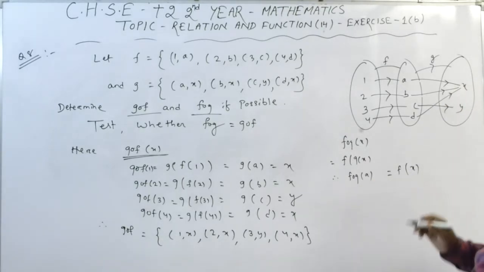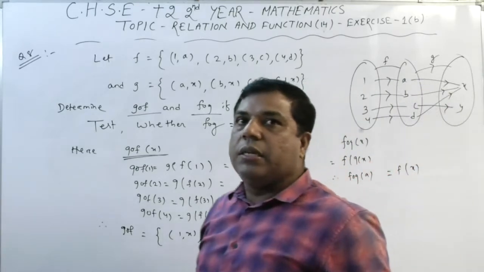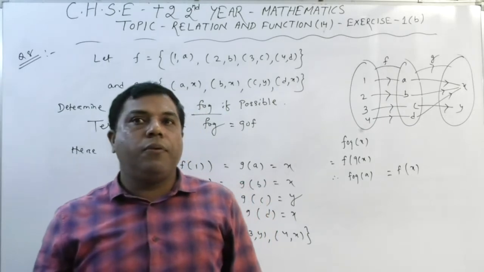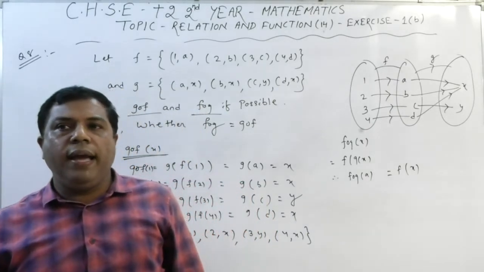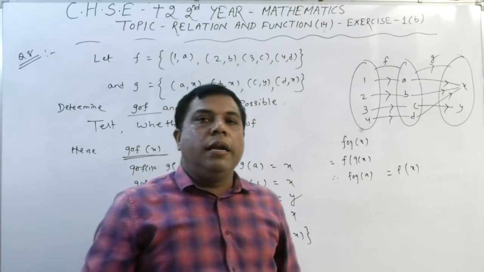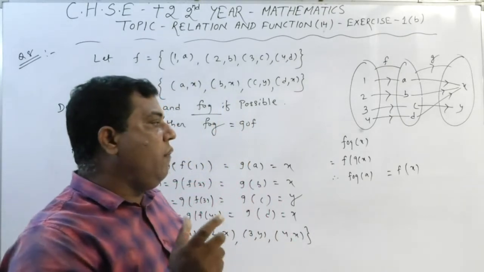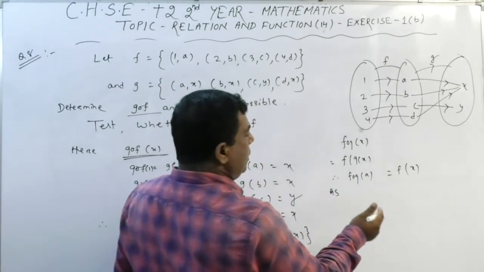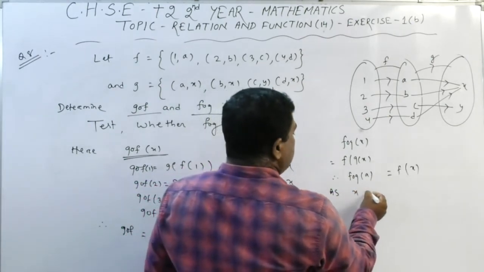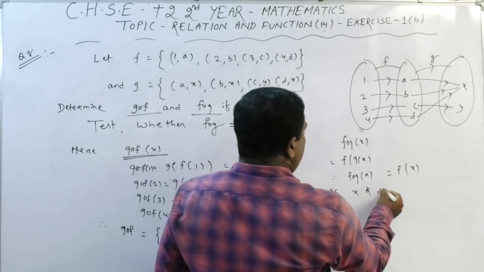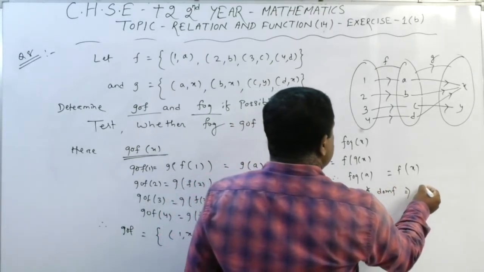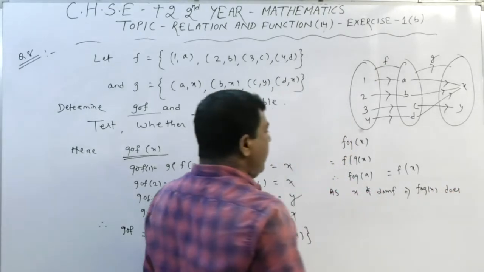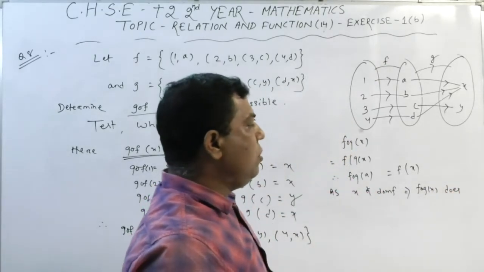So is f applicable on x? No, my dear students. f can't convert the value of x to some other value. Why? Because that element does not belong to the domain of f. Similarly for other elements, as x does not belong to the domain of f, that implies f∘g(x) does not exist. Okay? Yes or no?